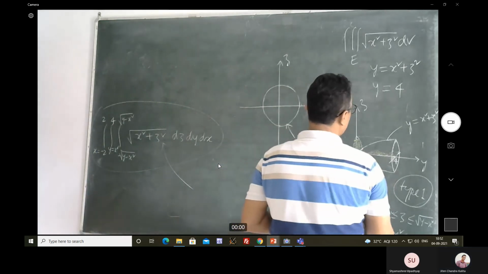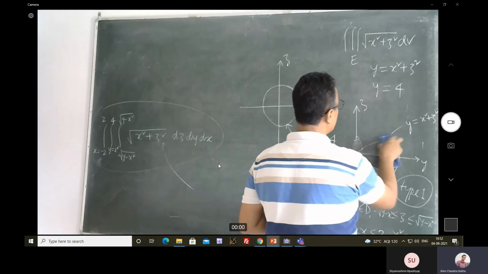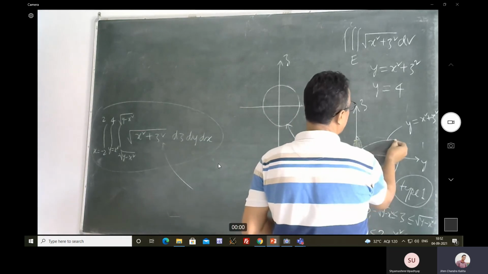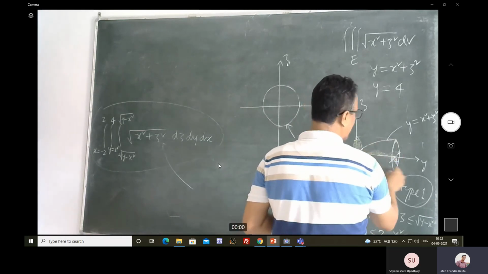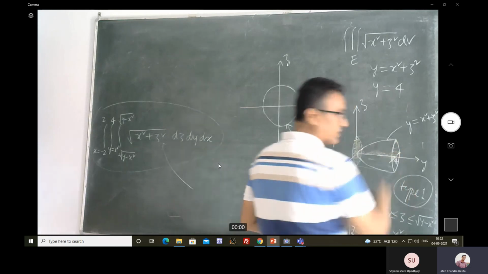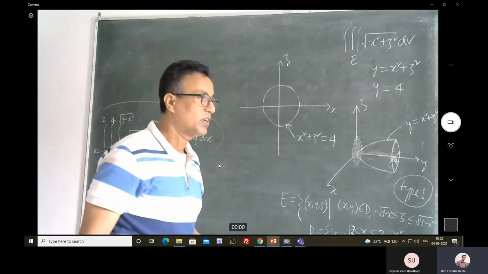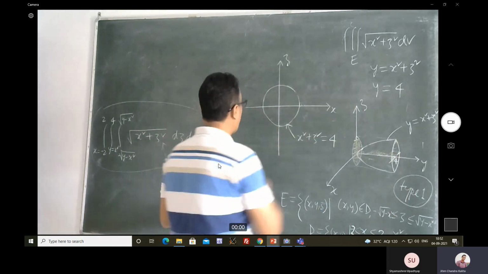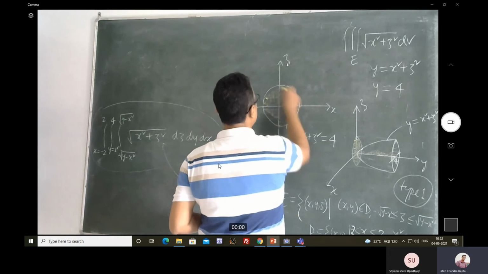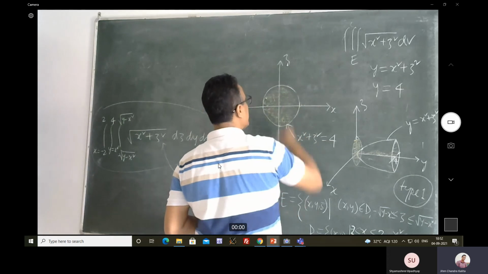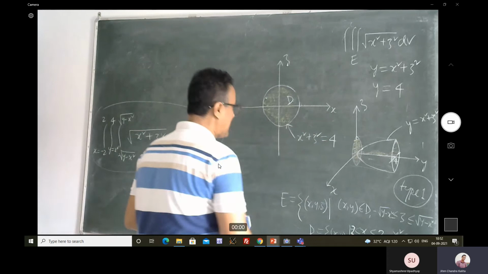Here again, we'll have to consider the lower surface and the upper surface. So now I'm going to consider it as a type 3 region.